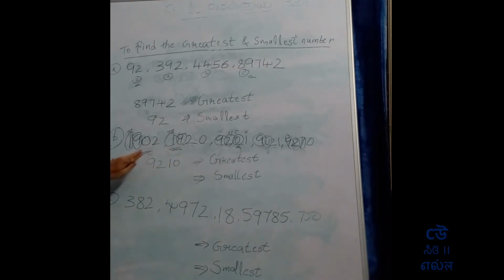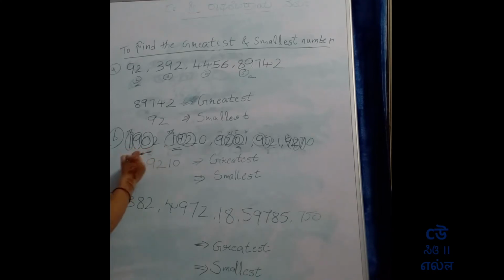Next we have again 9 and 9, that is equal, same value in both. So again consider the next place value, that is the tens place, 0 and 2. In these two, 0 and 2, which is the smallest number? That is 0. 0 is the smallest number.